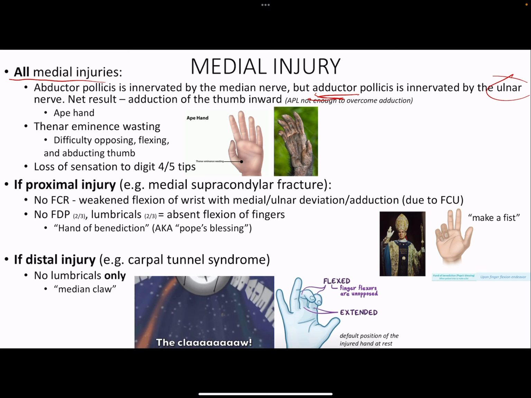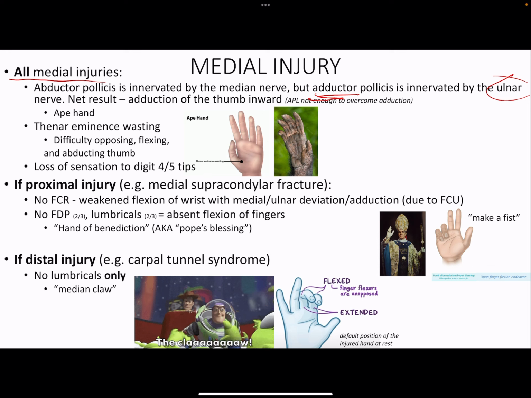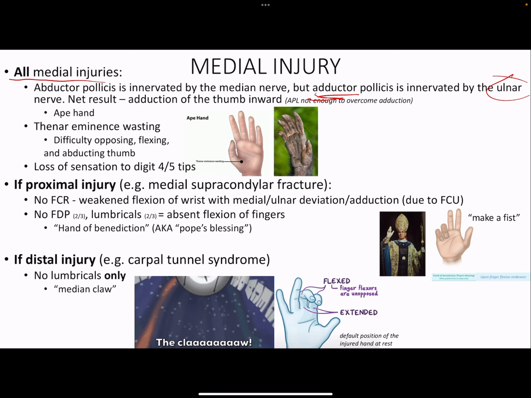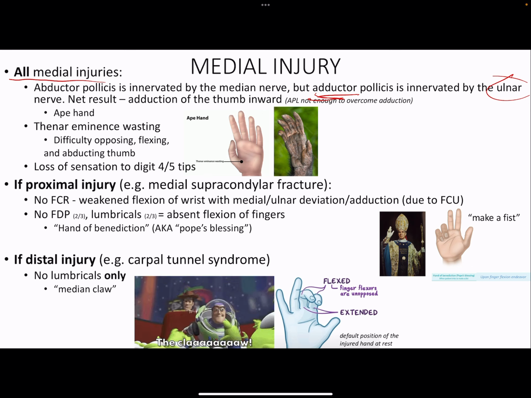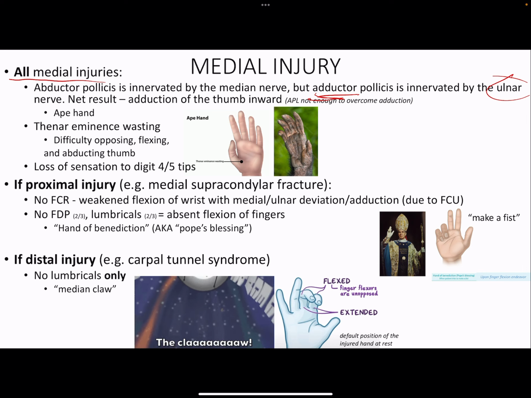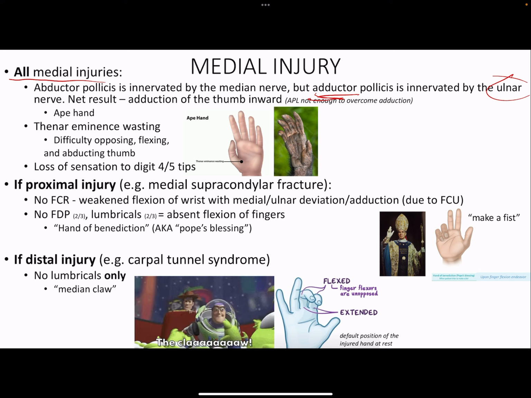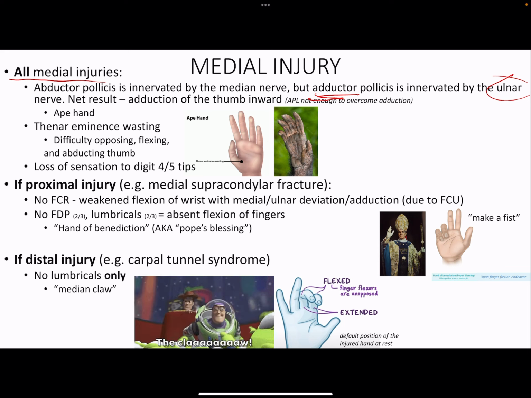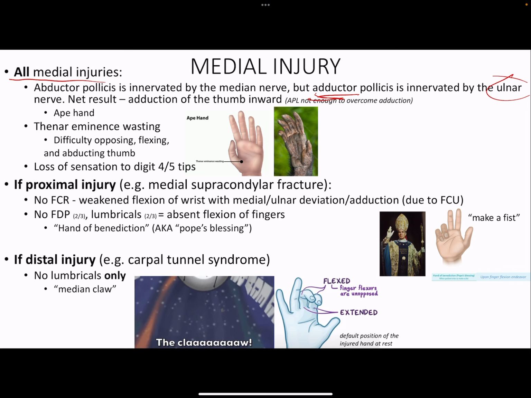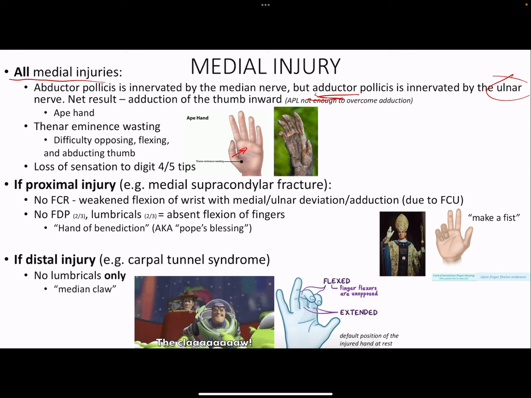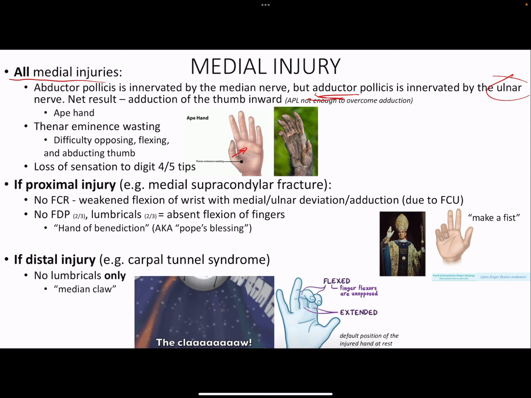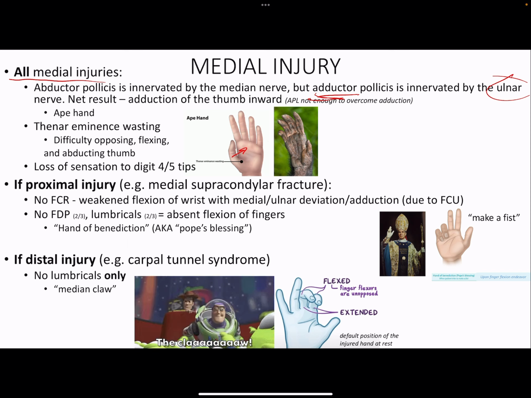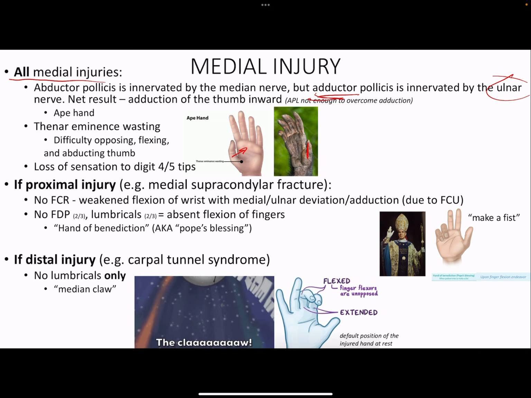And yes, technically we might have an abductor pollicis longus, but it's just not enough to overcome the loss of the brevis. The two large adducting muscles are just too much for it, and it pulls your thumb inwards. It adducts because we lost one of our abductors. This is called the ape hand, because apes have their hand like this a little bit.